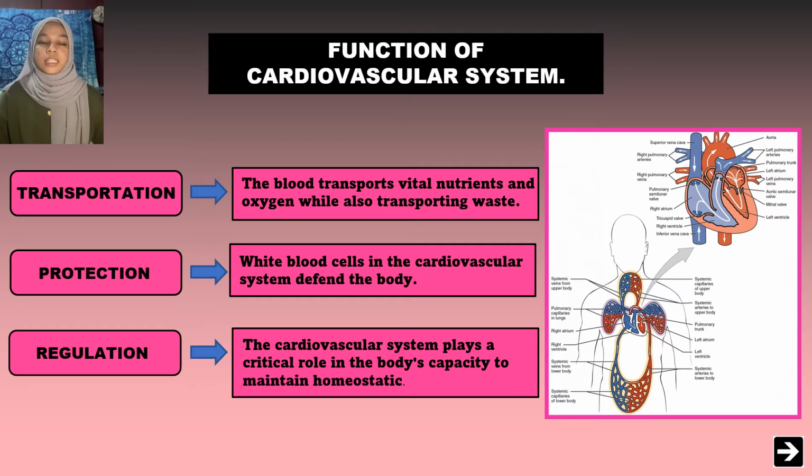My last point is regulation. The cardiovascular system plays a critical role in the body's capacity to maintain homeostatic control over a variety of internal conditions. By directing blood flow to the skin surface, blood vessels aid in maintaining a constant body temperature.